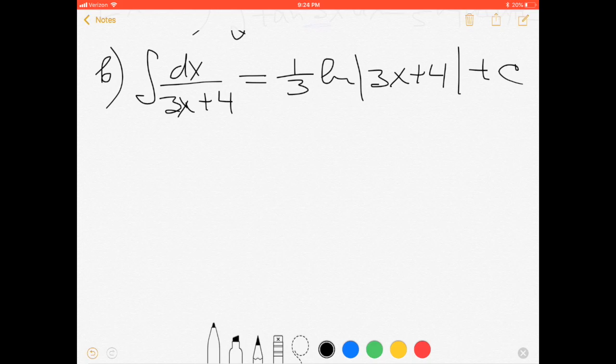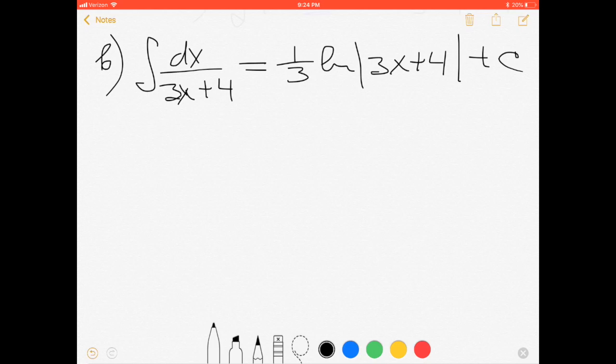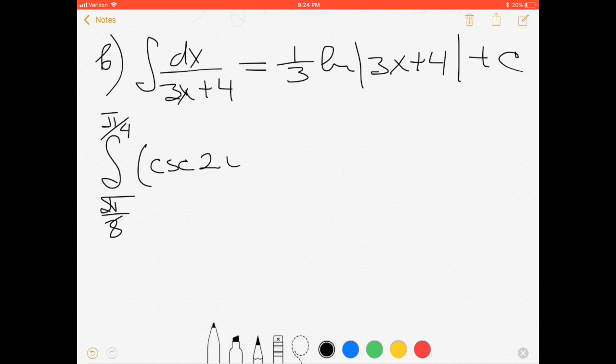Okay, and one more example. We need to remember how to define a definite integral. For example, I have the integral from pi over 8 to pi over 4 of cosecant 2 theta minus cotangent 2 theta d theta. Here we have coefficient 2 in both of them.